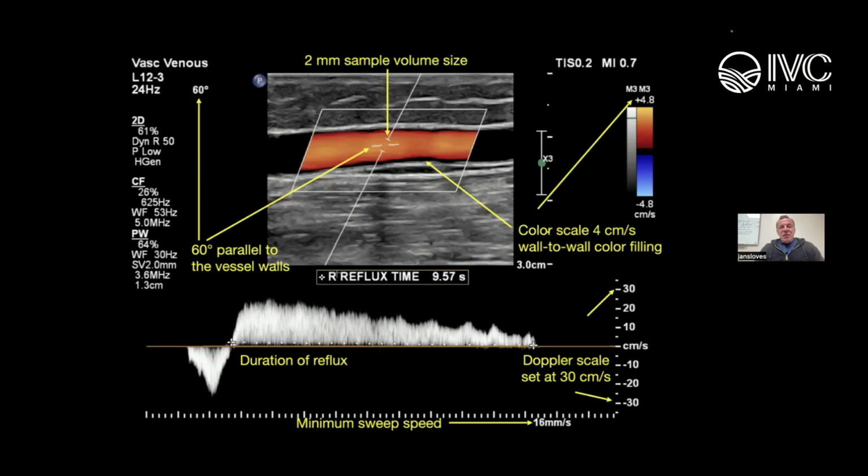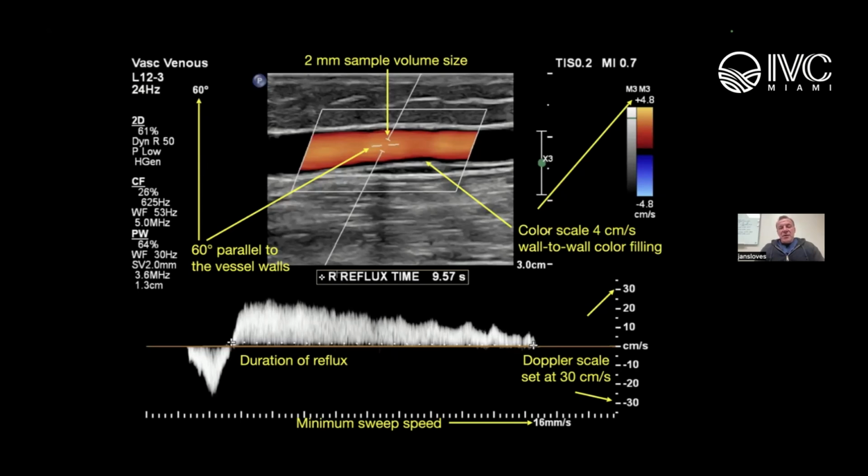And then you have your 2D information, basically your dynamic range, operating the transducer with a general harmonic frequency, your color flow, is it 26%? It tells you the hertz, your wall filter hertz, and then your PW information.